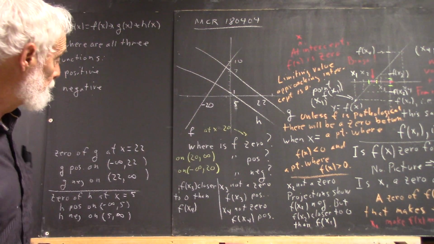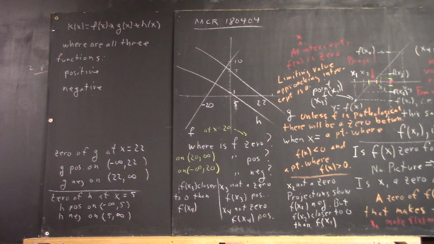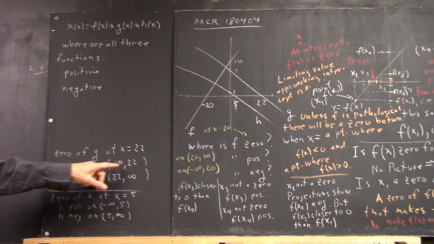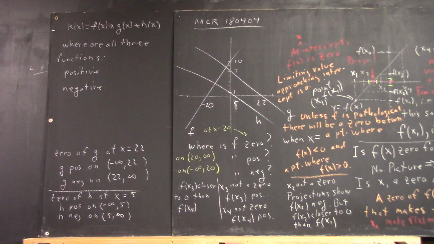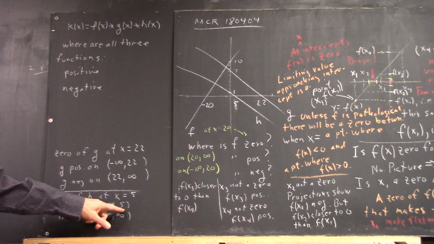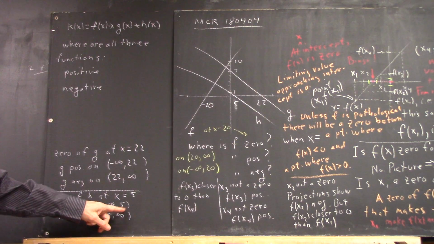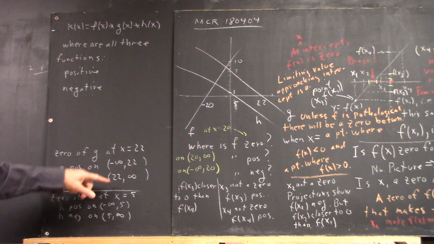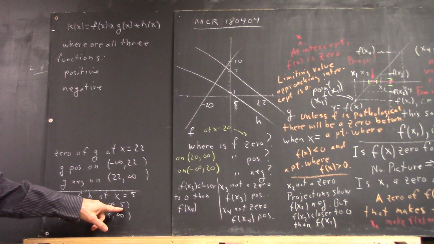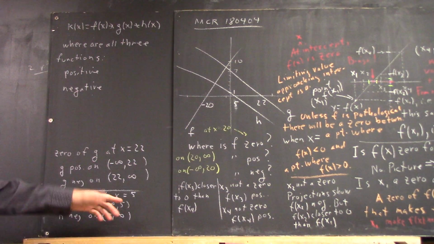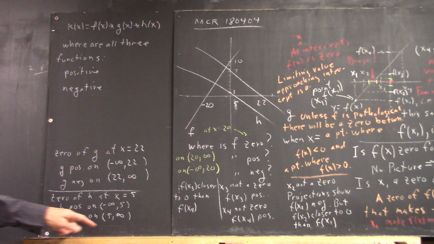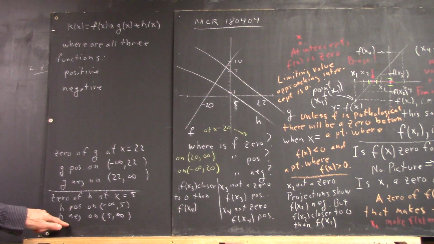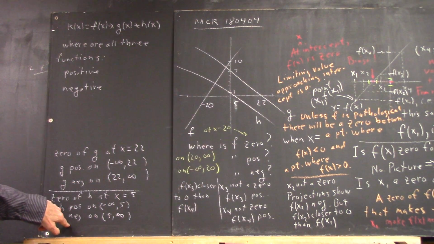And you can also see it by looking at this. Where's G positive? From negative infinity to 22, right? Where's H positive? Negative infinity to 5, right? If they're both positive, then they're both positive from negative infinity to 5, right? From 5 to 22, not so, because between 5 and infinity, H is negative. Okay?